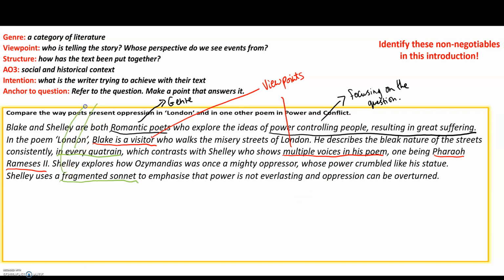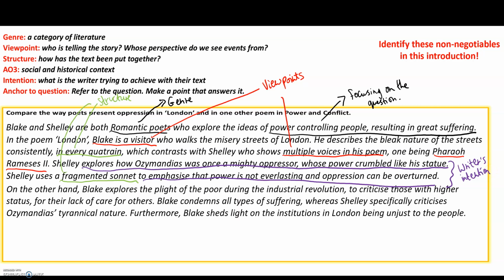So over here, we have got our structure. And then in the next sentence, we've also got our writer's intention. So they explore. So this would be our writer's intention.